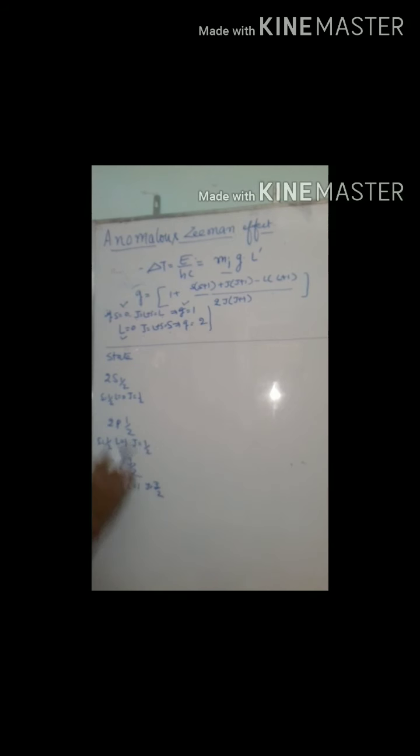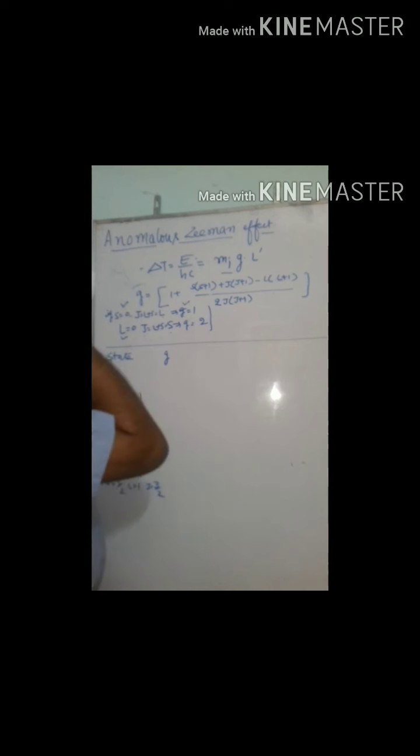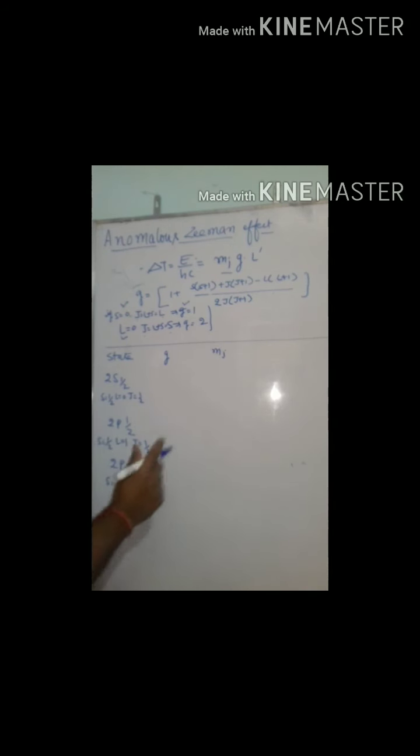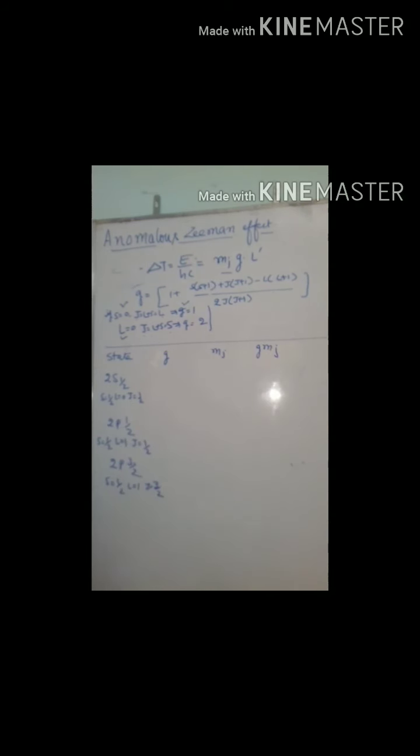Similarly, for these states also, we find the possible Mj values and G value. G can take values, and Mj possible values, and G into Mj values, right? And multiplicity, how many times?